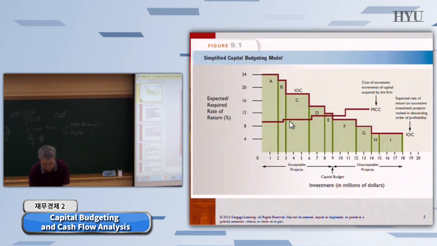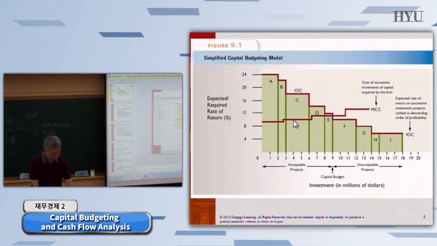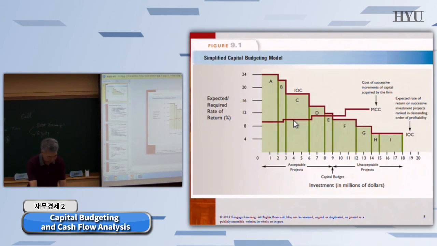So the story is this company can raise the next $3.7 million at maybe about 10%, a slightly higher rate, and so on. So that's the idea of marginal cost of capital. Marginal cost of capital is upward sloping.